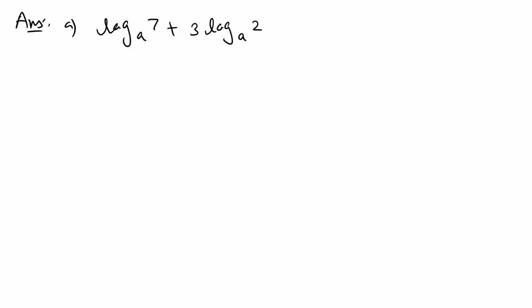So since we have this number, we're going to bring this in using the power out formula backward. So you can write this one as log a to the 7. We're going to bring 3 inside. That means it's going to be a power, which is log a 2 to the 3, because the 3 goes as a power. Now we're going to simplify them inside first.